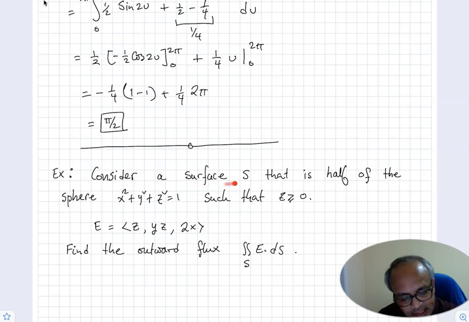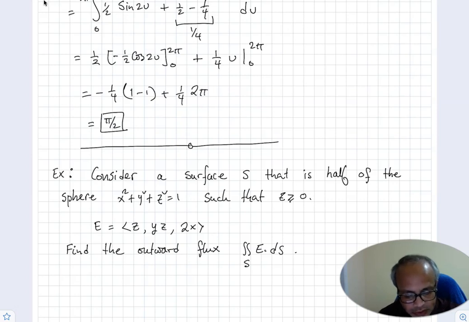The surface S is half of the sphere such that z is greater than or equal to 0. So the sphere is just the outside shell where z is greater than or equal to 0. If you cut a sphere, you can put a disk to close the sphere. Once you cut a sphere, it's empty inside. It is just a shell.